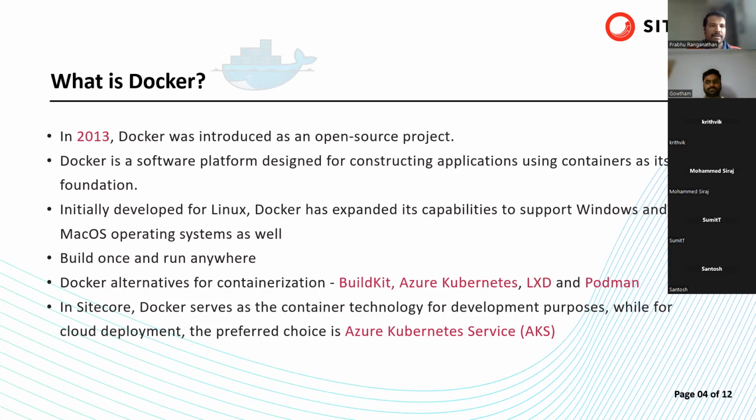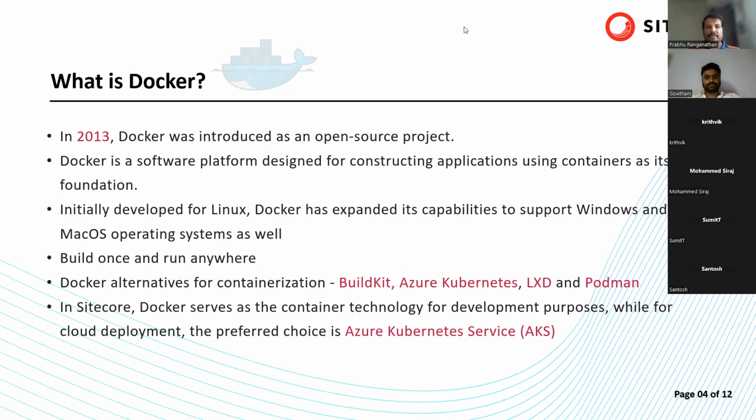In Sitecore, what platforms are we currently using? For on-prem or local environments, we currently use Docker as the container technology, just for development purposes. And when we go with cloud deployment, the preferred choice is Azure Kubernetes Service, AKS. That's what we currently use for containerization.